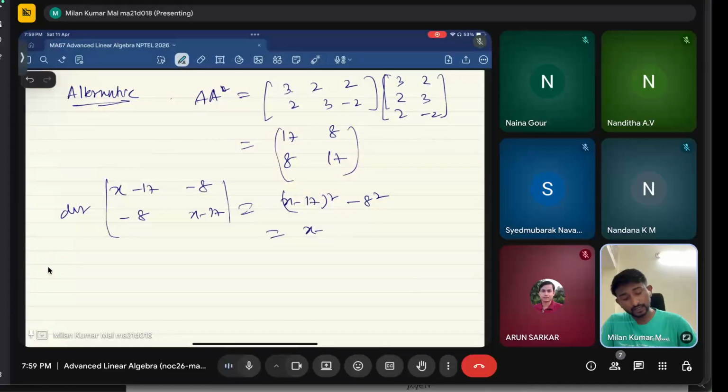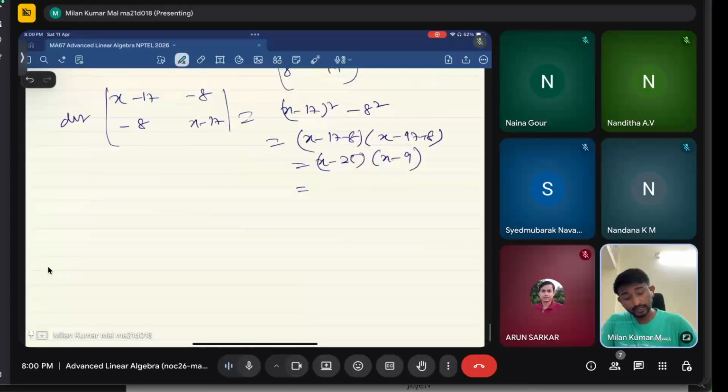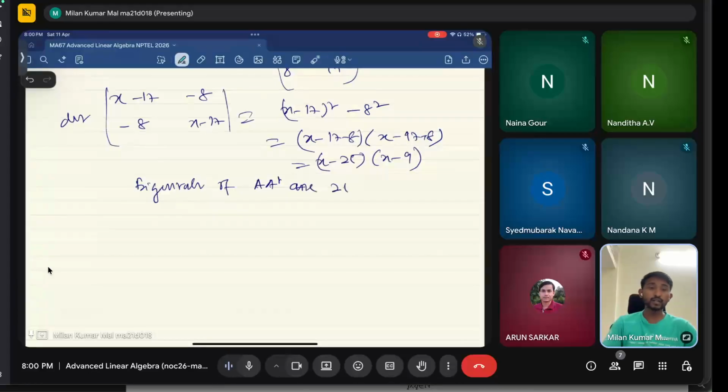So you can write it as x minus 17 minus 8, and the other is x minus 17 plus 8. This is going to be x minus 25, and this is going to be x minus 9. So basically the eigenvalues of A star A are 25 and 9, and they have to be positive because A star A is positive semi-definite.